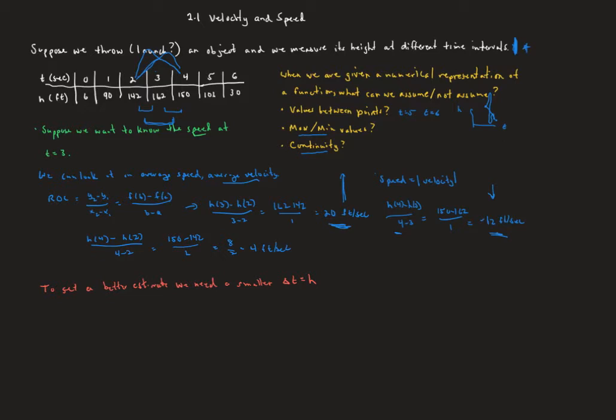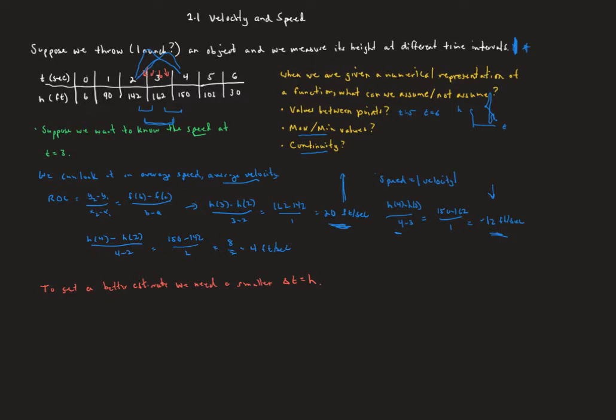So in the case of our table, we don't really have an option, we don't know what the value of the height was at 3.5 seconds or at 2.5 seconds or perhaps at 3.1 seconds and 2.9 seconds, which we could use then to get a better approximation, a better estimate.